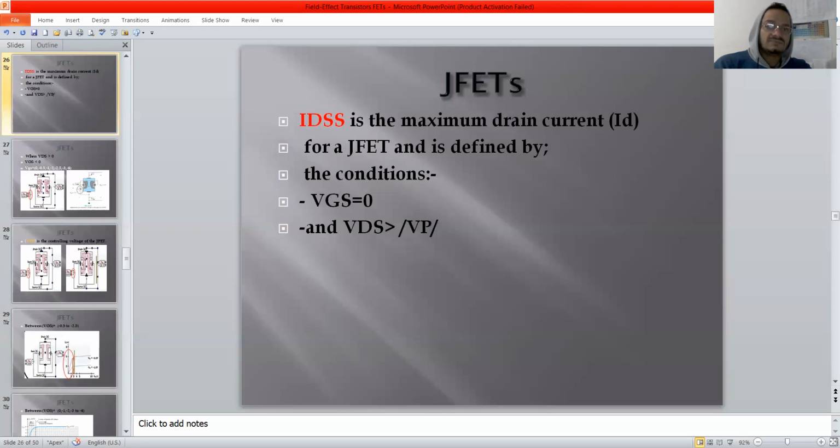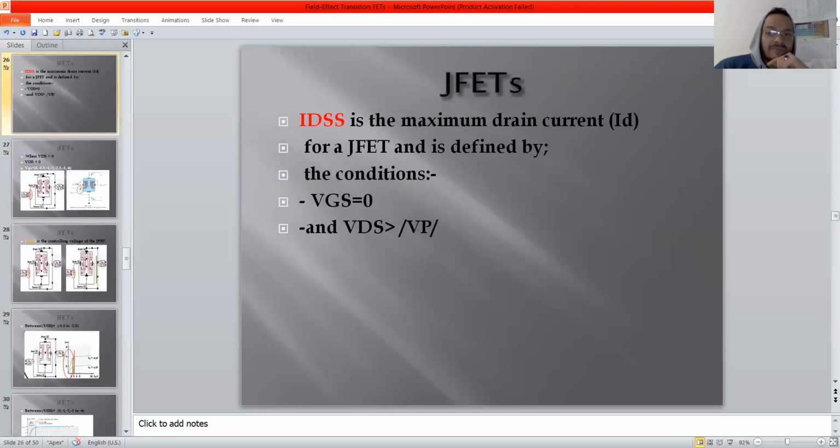The effect of the applied negatively biased gate source voltage is to establish a depletion region similar to that obtained with VGS equals 0. But let's focus on this but. What's the difference here? With less amounts, but at lower levels of drain source voltage.